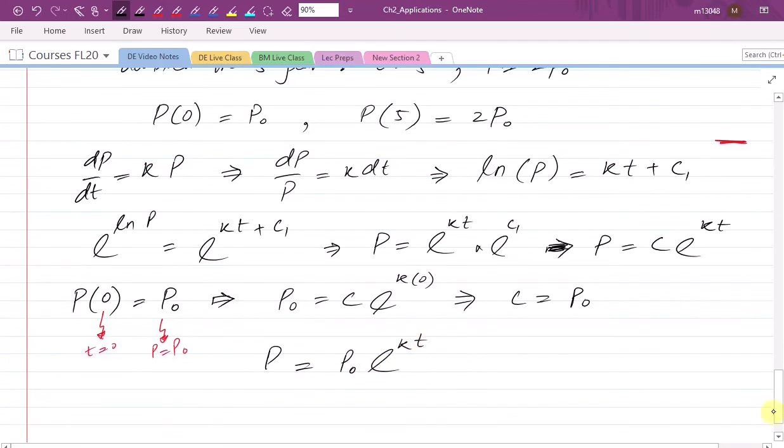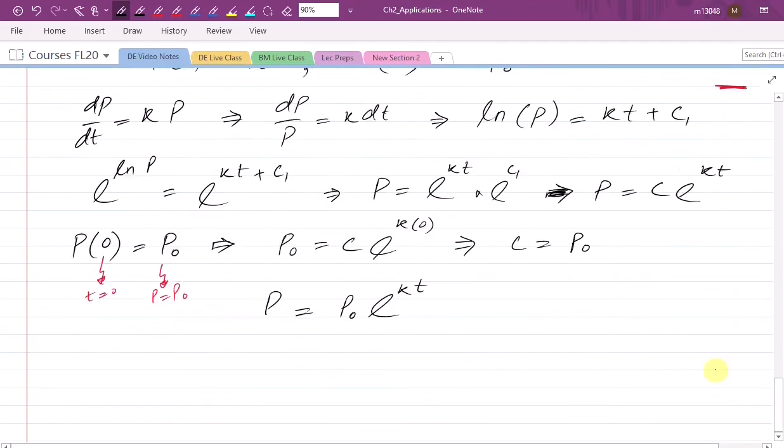We still have to find k, so now we use the second condition. P of 5 equals 2 P0. Again, this is the value for t and this is the value for P. Just like any condition, this is the value for the independent variable and this is the value for the dependent variable.